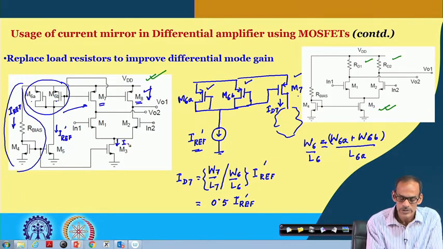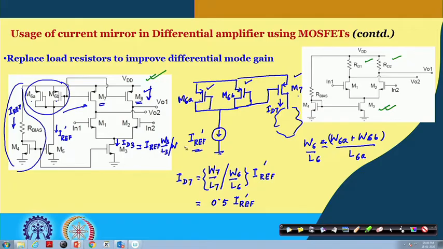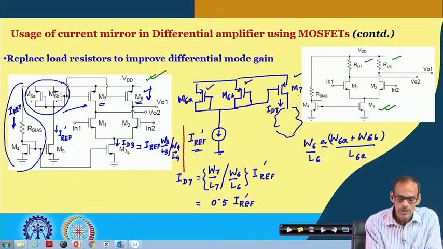So, if I call this I D of transistor 3, it is equal to I reference multiplied by W by L of transistor 3 divided by W by L of transistor 4. So we obtain the current here in terms of I reference.